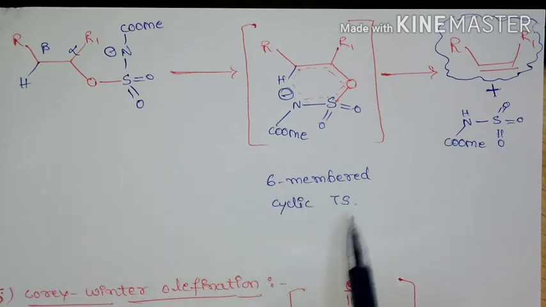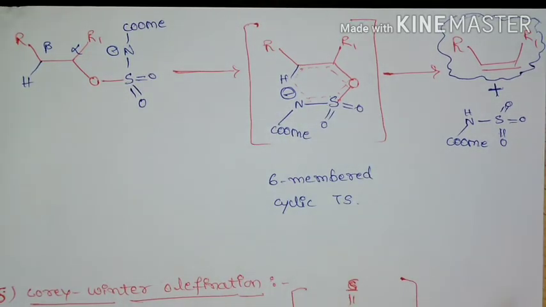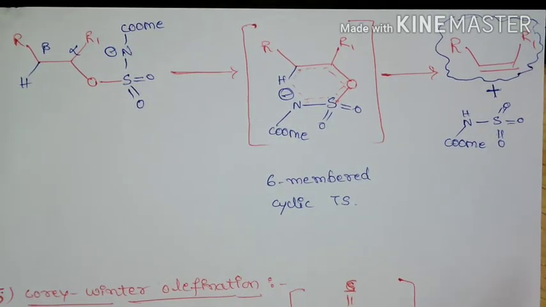After formation of this transition state, the H and this group are eliminated through syn elimination, forming alkene. This is known as Burgess dehydration.